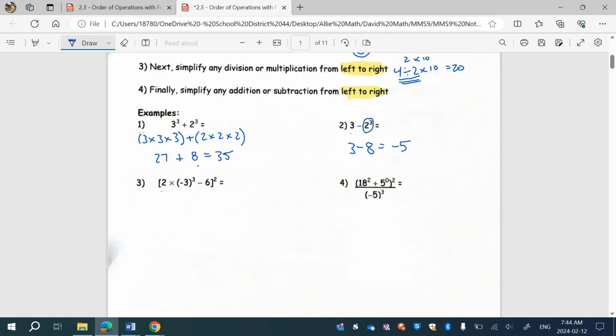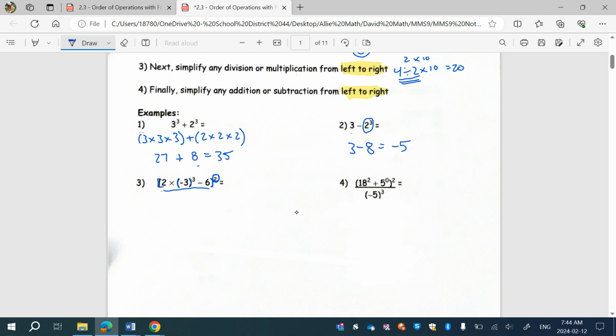This next one, we have some square brackets and some regular brackets. Square brackets are often used to show that we have brackets within brackets. So we're going to solve everything inside the square brackets, and you'll notice all of it is to the power of 2.